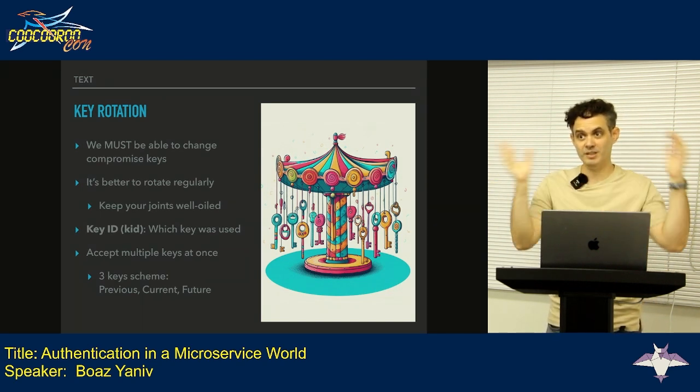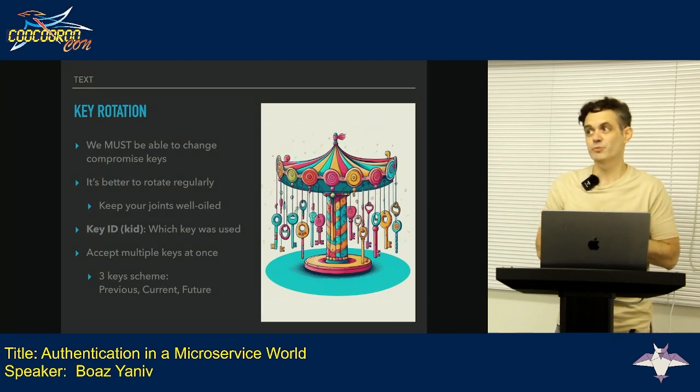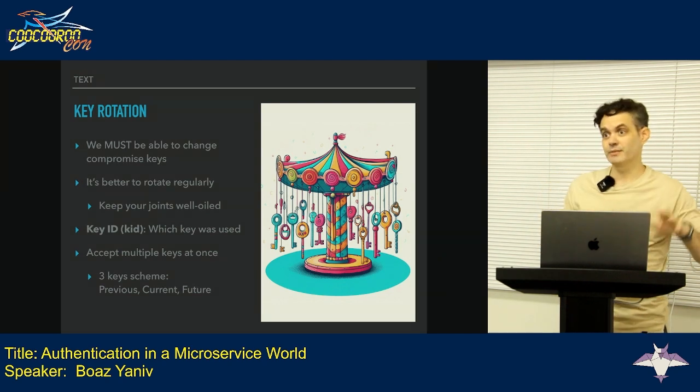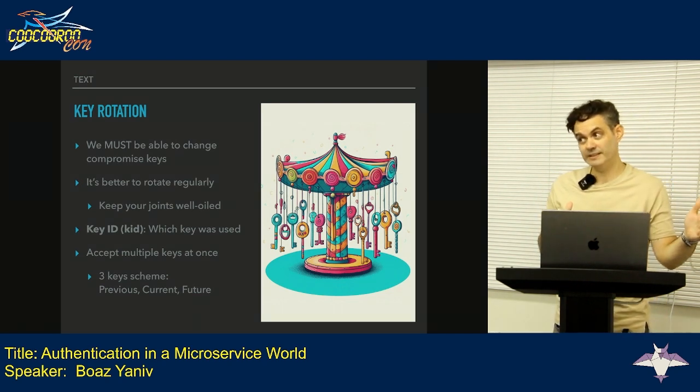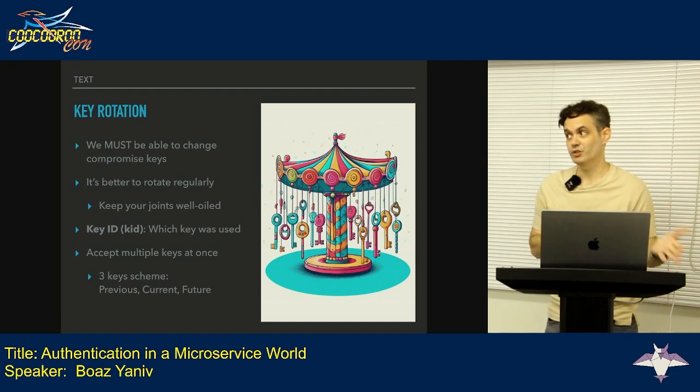All the middle boxes and the routers blocked everything because these things had never been done before. So these features were not implemented, even though they were in the spec. And this is the same thing. If you don't rotate keys regularly, then something will break. And that's why we do want to implement key rotation.